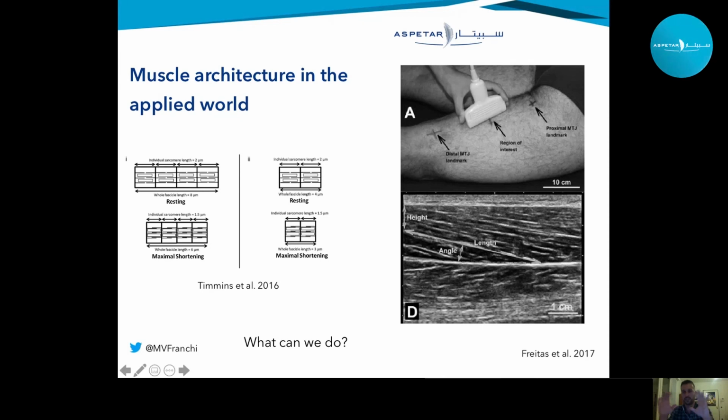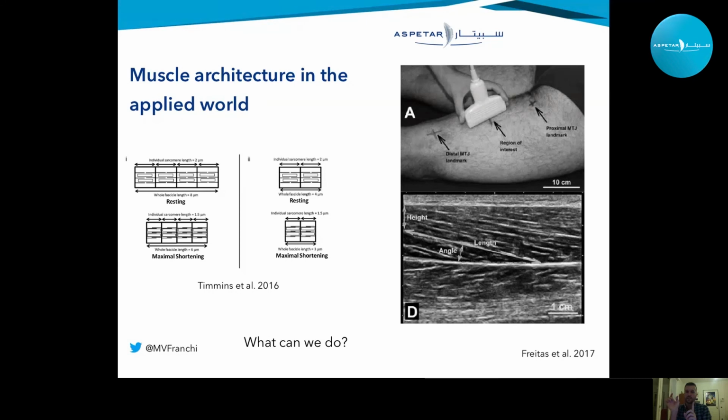But one of the theories of the injury of biceps femoris is that if biceps femoris has shorter fascicles, we potentially have shorter material in series, so a lower number of sarcomeres in series.